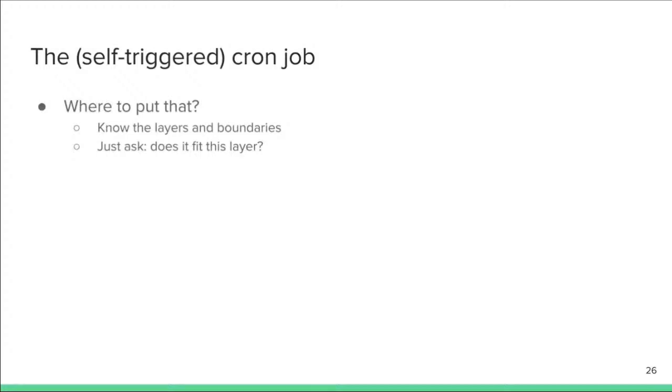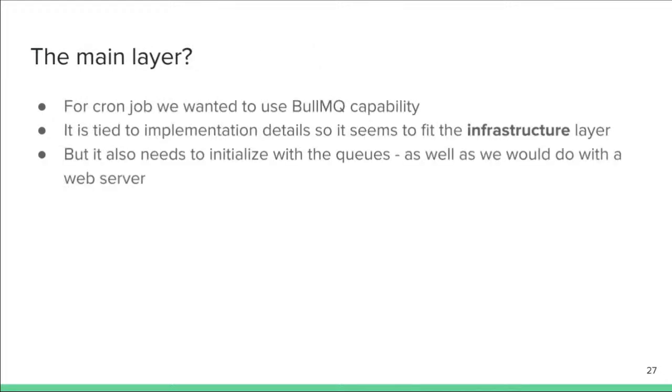So, and here's my tip, what I learned from that. When I found myself thinking about a new component for the architecture, knowing the layers and boundaries, I just asked myself and some teammates, does it fit this layer? I mean, explain it and think about it. Does it fit this layer? And you'll probably get an answer.